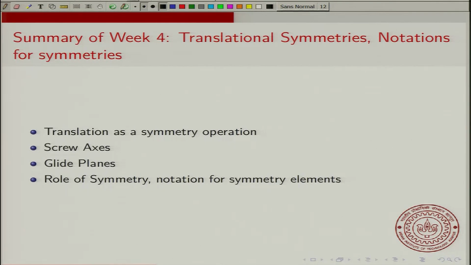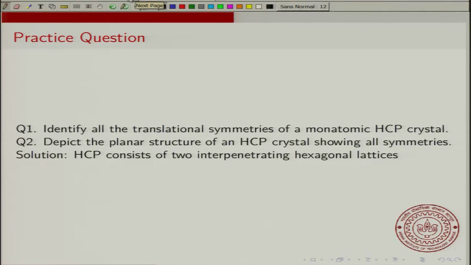Now let us look at one example. Here you are asked to identify all the translational symmetries of a monatomic HCP crystal, and then you are asked to depict the planar structure of an HCP crystal showing all symmetries.